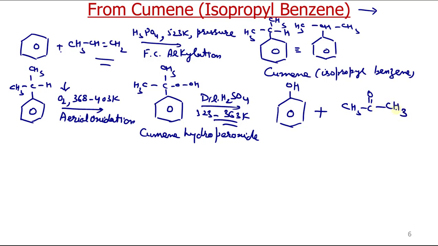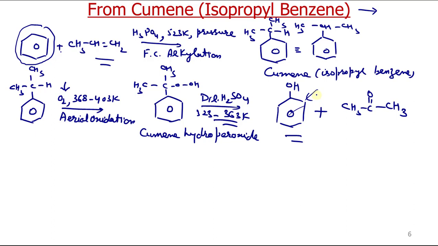So that is how we can synthesize phenol from benzene. This is the industrial process of synthesizing phenol, and the yield of phenol is quite low because it involves a number of steps, but still this is the method that is frequently used.